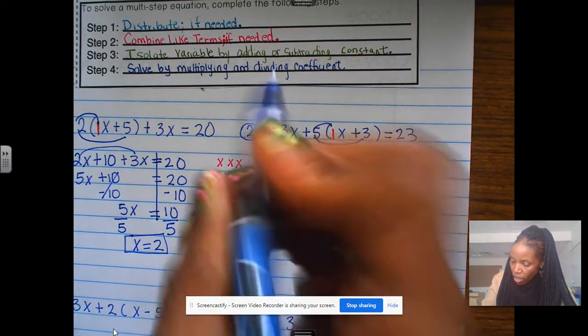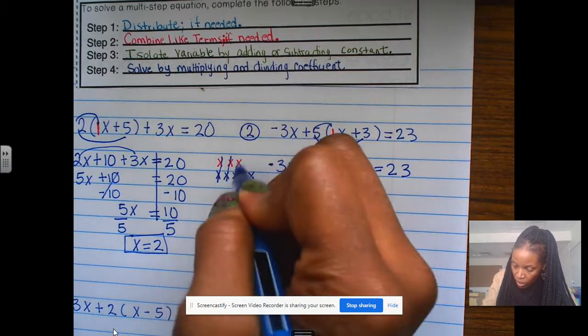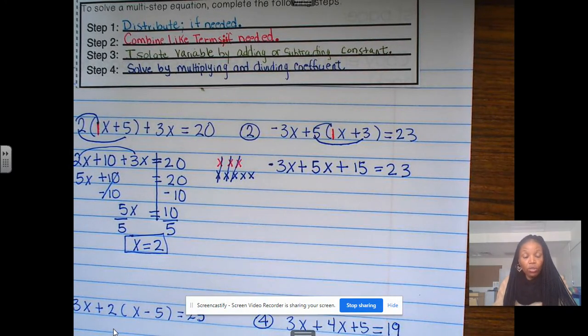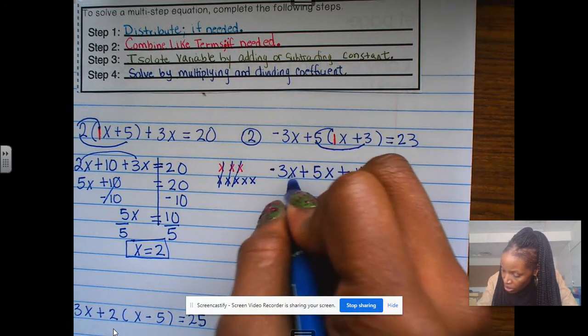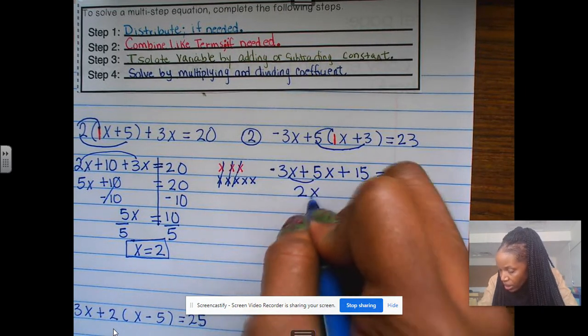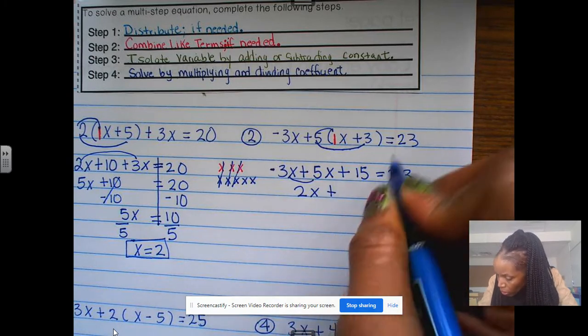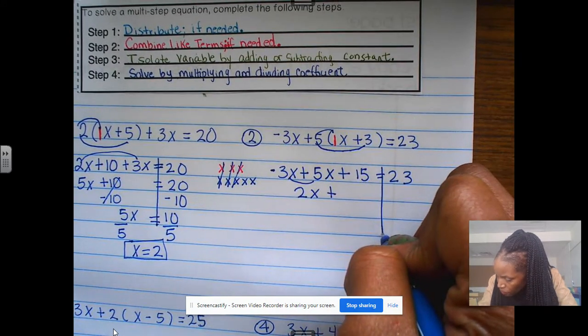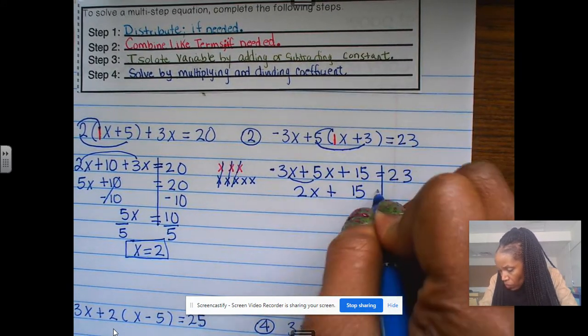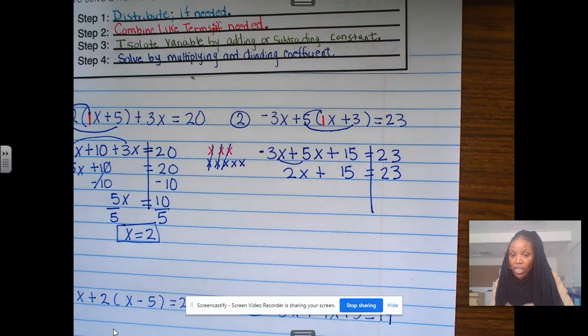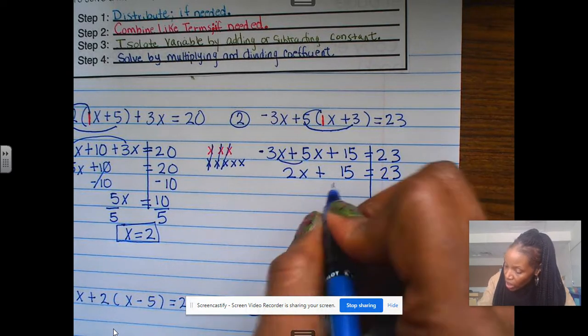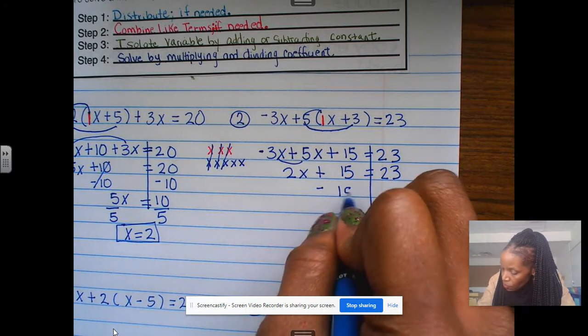So I want to strike through, and I'm going to be left with 2 positive x's. So this is 2x. When I combine these two things, I end up with positive 2x plus my 15. Oh, don't forget my balancing line. Sorry about that. And then I'm back at my two-step equation. So again, I have 2x plus 15 equals 23. The inverse of addition is subtraction.